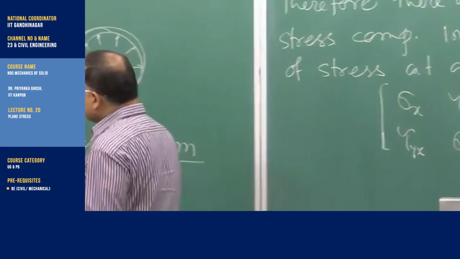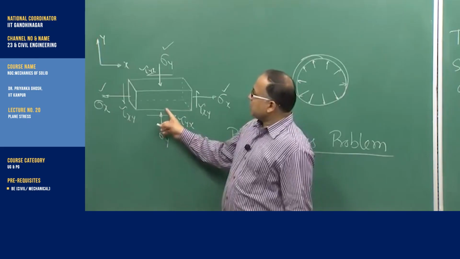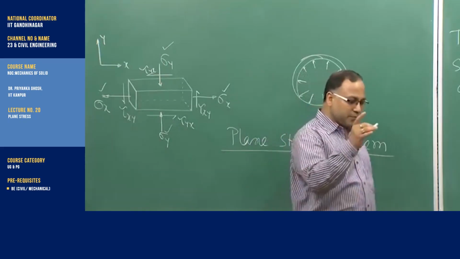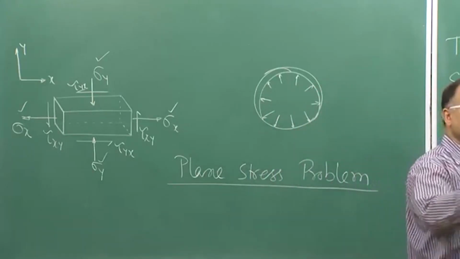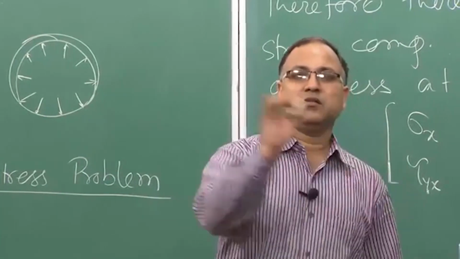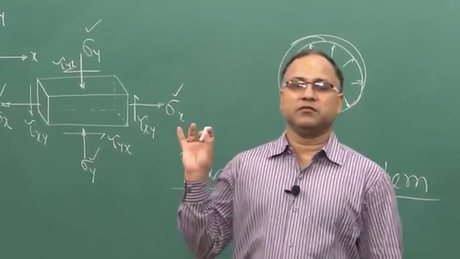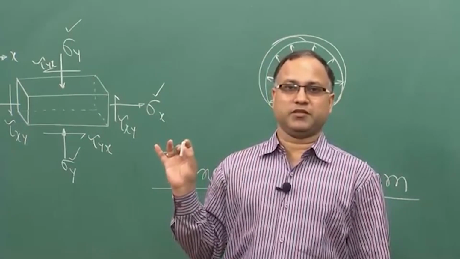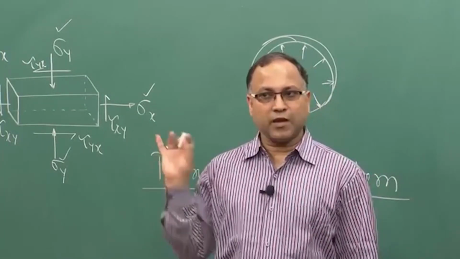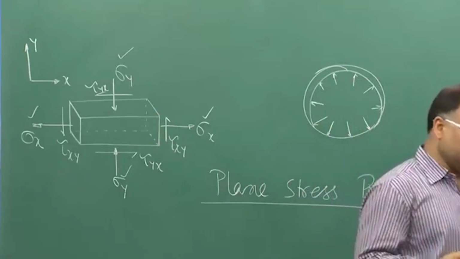Similarly, if you look at this part, this sigma y is acting on the negative y plane, but in the positive y direction. That means, on positive plane negative direction or negative plane positive direction, that normal stress will always be defined as negative normal stress.